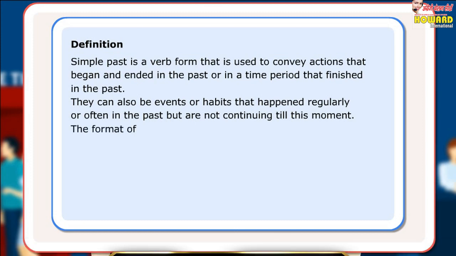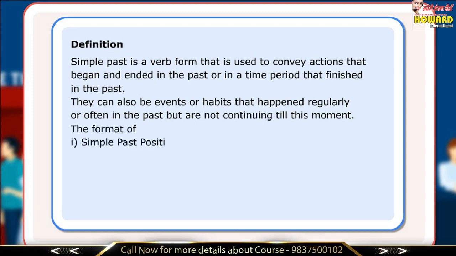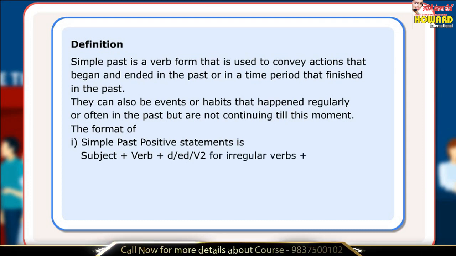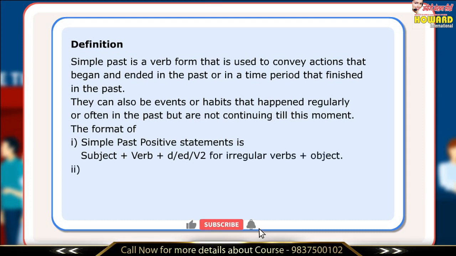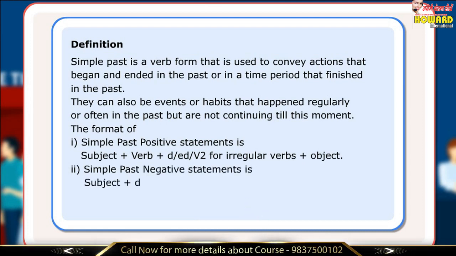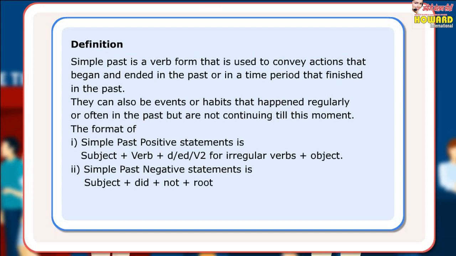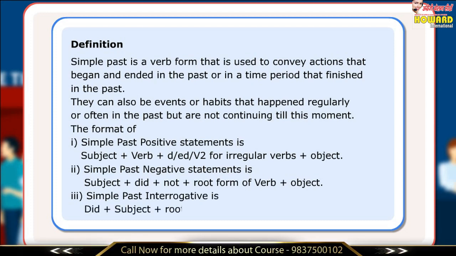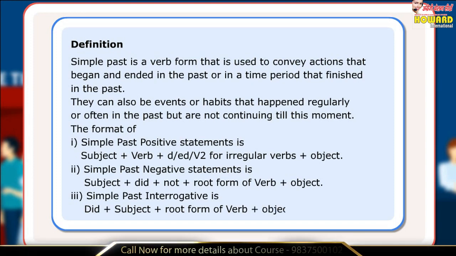The format of simple past positive statements is subject plus verb plus d or ed, or V2 for irregular verbs, plus object. Simple past negative statements is subject plus did plus not plus root form of verb plus object. Simple past interrogative is did plus subject plus root form of verb plus object.